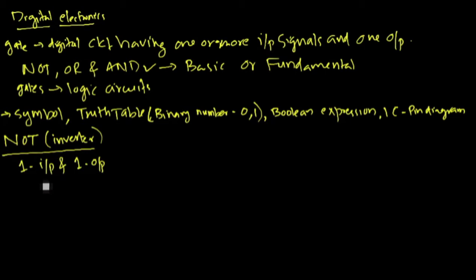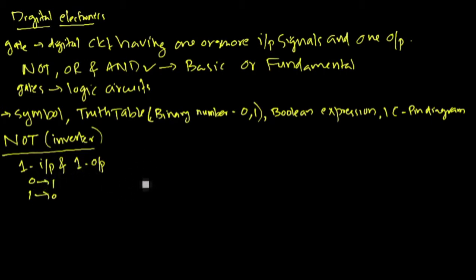If you consider the input as 0, then the complement of 0 is 1 in the binary system, and if you consider 1, then its complement is 0. So this is the logical operation performed by a NOT gate. A NOT gate is a digital circuit with one input and one output, where the output is the complement of the input.